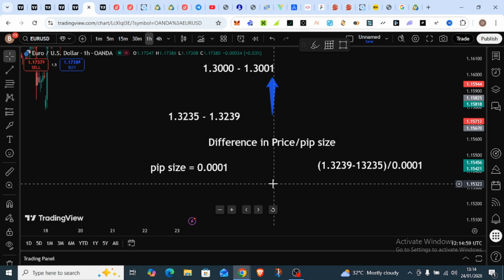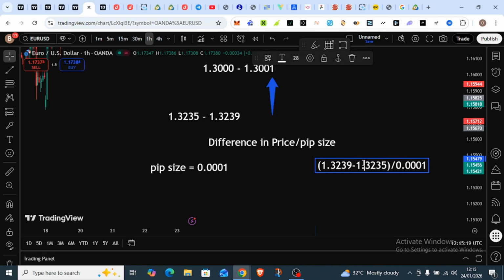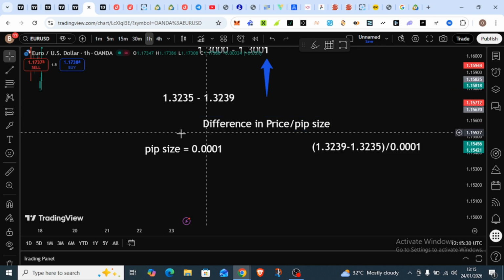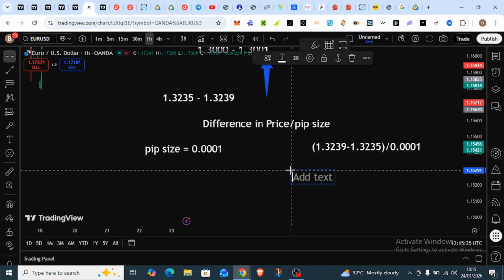Use your calculator: 1.3239 minus 1.3235 gives us 0.0004.